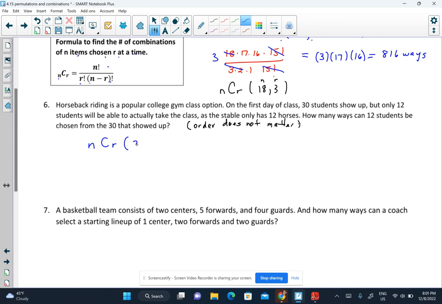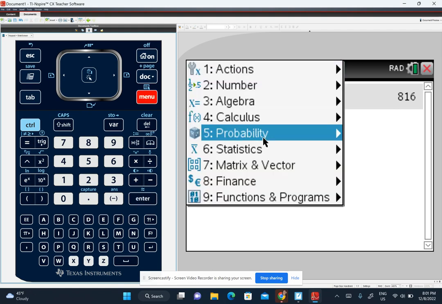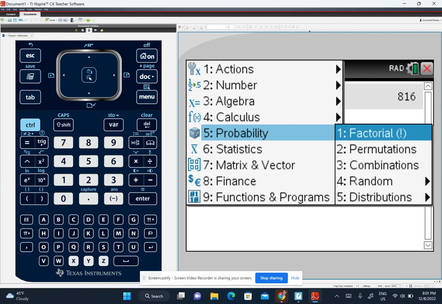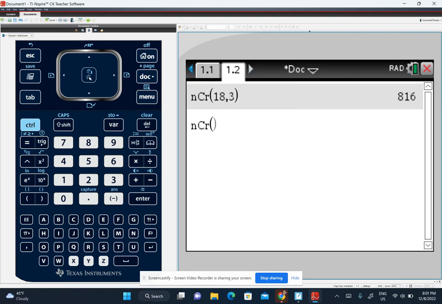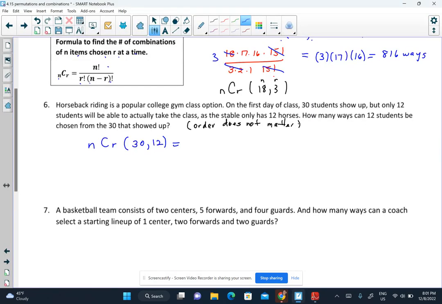In this case, n is 30, and we're selecting 12. So let's enter that in the calculator: menu, probability, combinations, and we are going to enter 30, don't forget the comma, 12. And that's a lot. It is 86,493,225 ways.